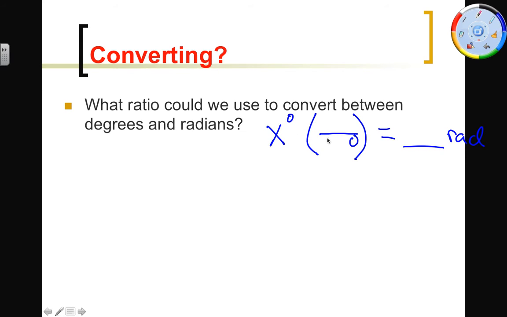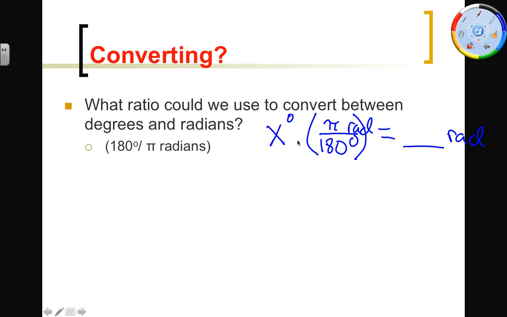Some of you might remember this from chemistry if you've taken it. Some people call it boxcars, dimensional analysis, basically. But notice I need to cancel degrees, which means I need radians in the top. And we know from that last slide that pi radians is 180 degrees.